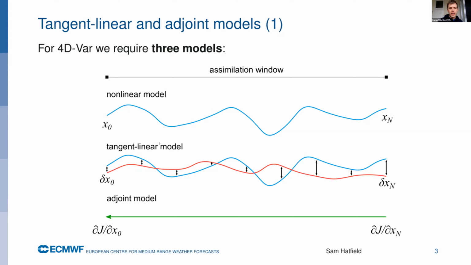We require not just the tangent linear model, but also the adjoint model, which has a number of different interpretations, but the one that I favor is that the adjoint model propagates gradients with respect to model state vectors backwards in time. So it's essential for telling us how a change of the model state at the beginning of the window will affect a deviation from an observation later on.